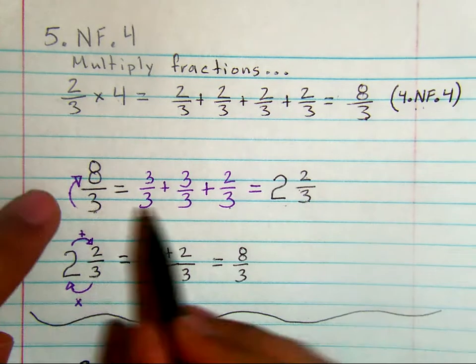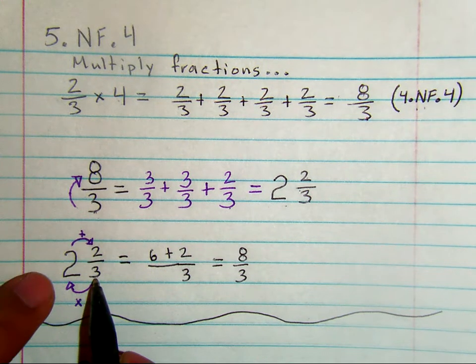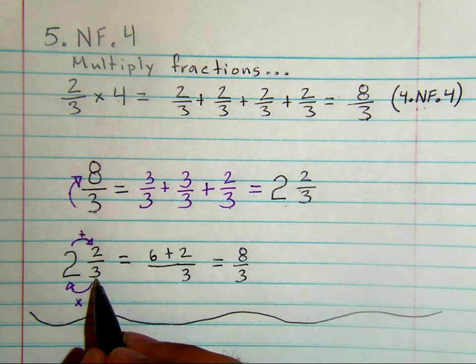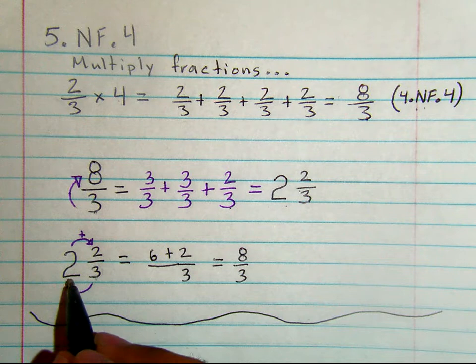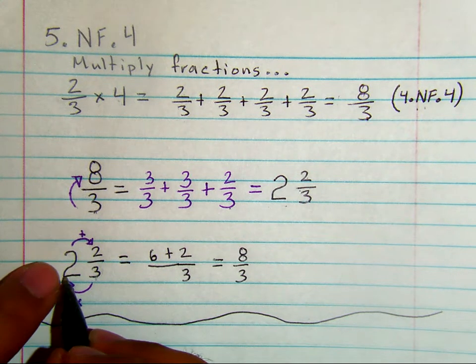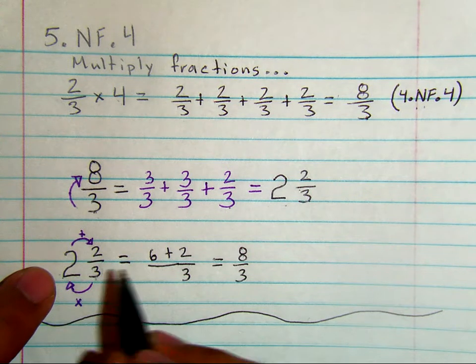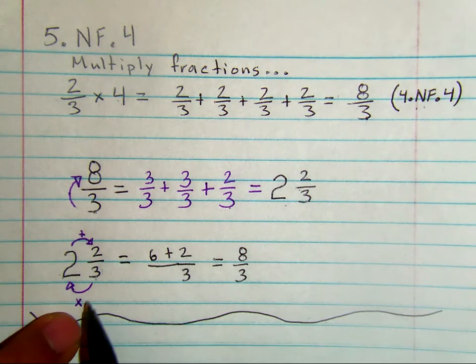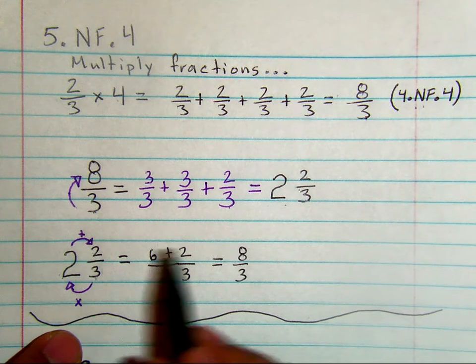And so in 4th grade, you start to look at how 2 and 2 thirds is the same as saying, if all of the pies are split into 3 sections and you have 2 whole pies, then you must have 6 pieces in order to make those 2 whole pies. So this is an easy procedure to memorize for that concept, where 3 times 2 plus 2 gives you 8.